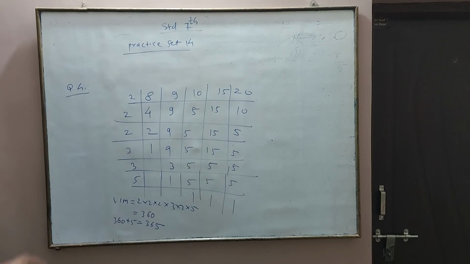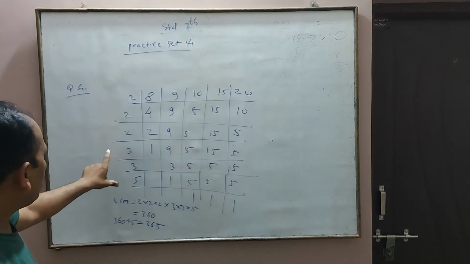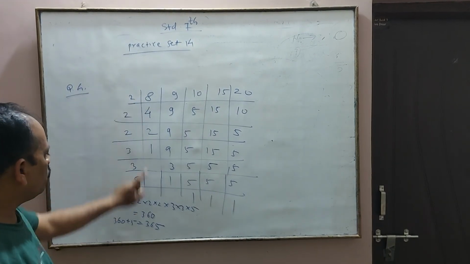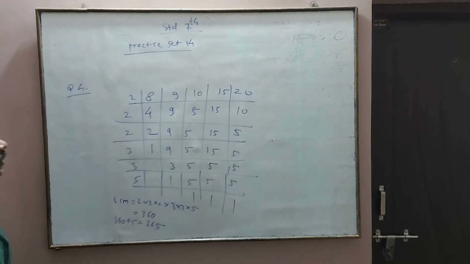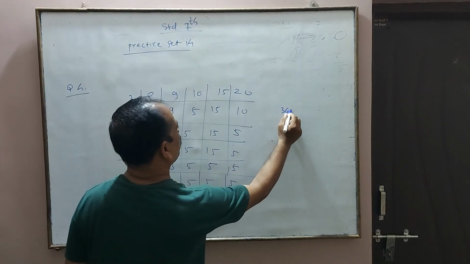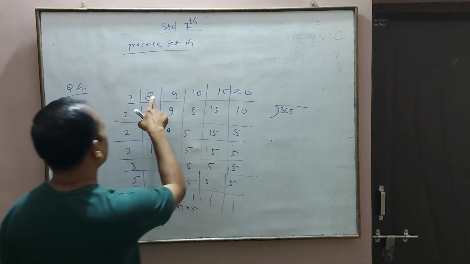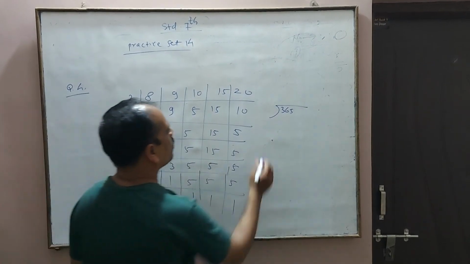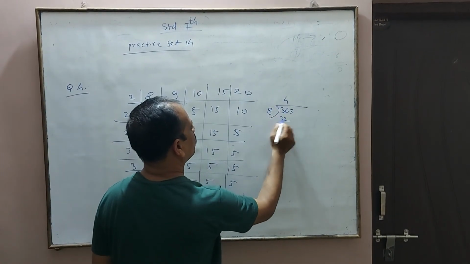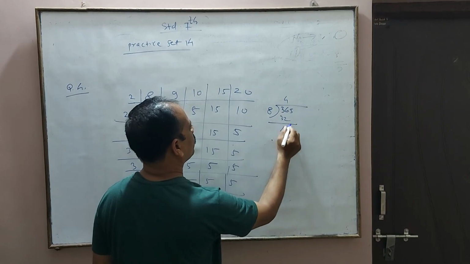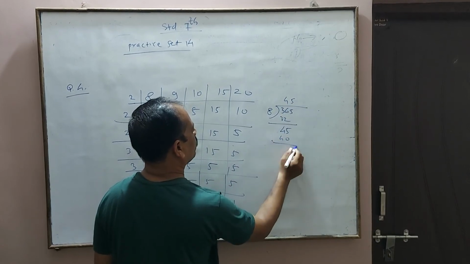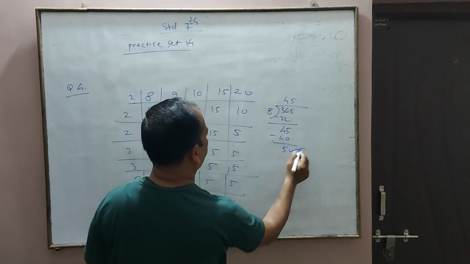By mistake I said 2, but let's check dividing 365 by 8. Let's consider the first number, 8. You see here the remainder is 5.